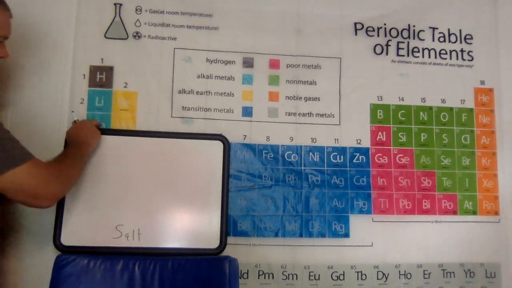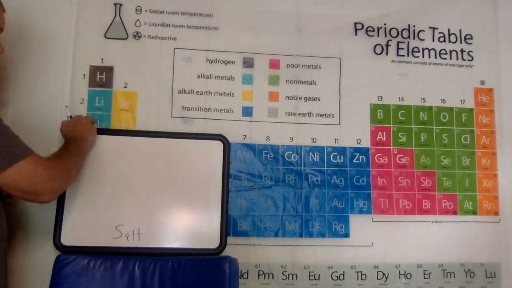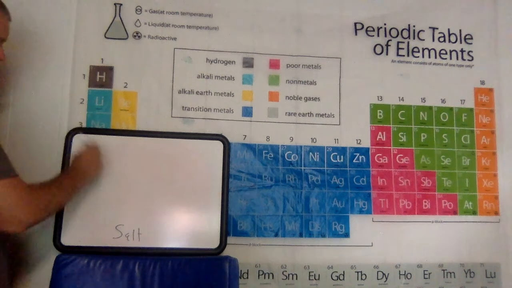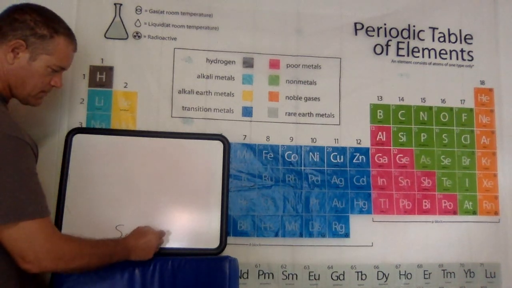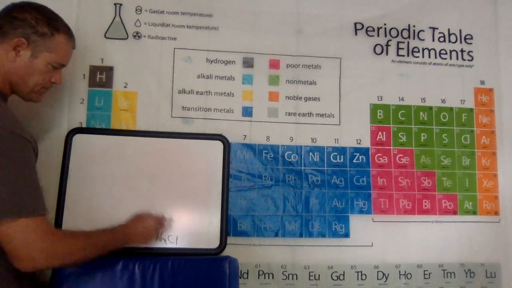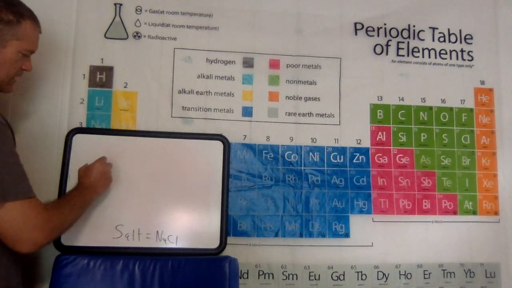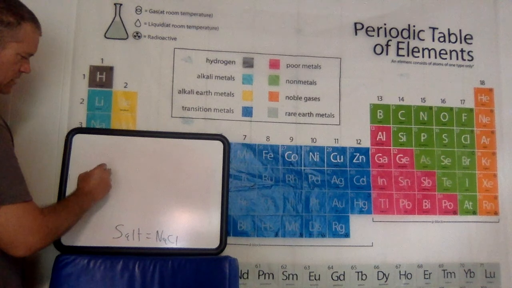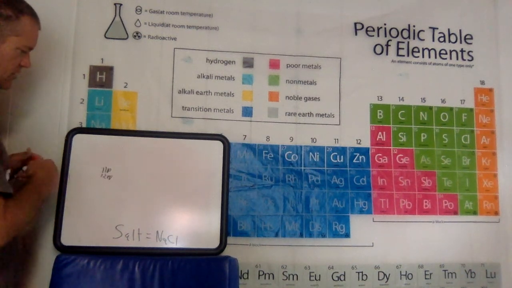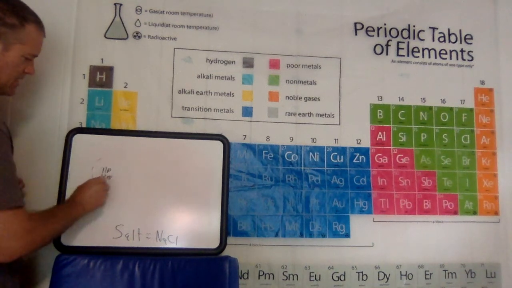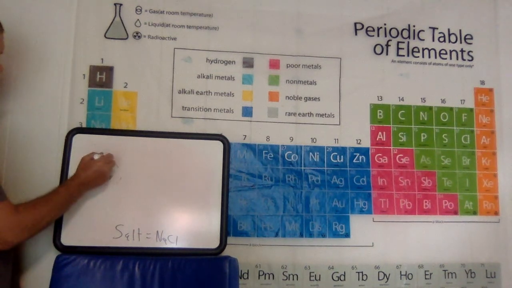So we take sodium, which has 3 shells. Sodium chloride is salt. So we have sodium, 11 protons. I think it has 12 neutrons. And it has these little electrons here. How many go in the first shell? 2.